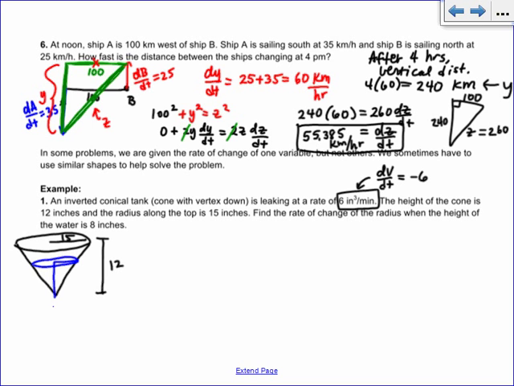So as this water is dripping out, as we're losing 6 inches cubed per minute, the radius and the height of the water is also changing. Do you guys see the radius is getting smaller, the height is getting smaller? You understand it? So what happens every single time in these problems is you can set up similar triangles. You have 15 here, you have 12 here, you have some kind of radius and some kind of height.